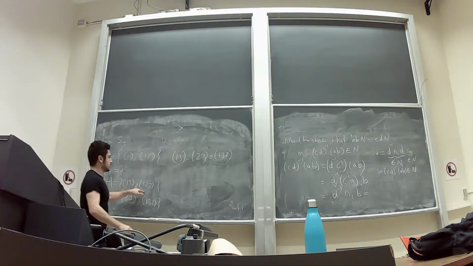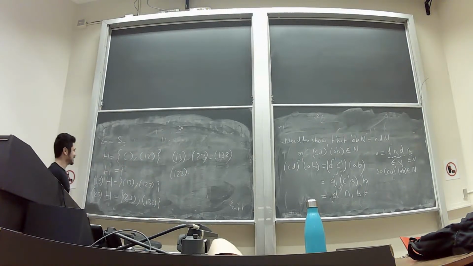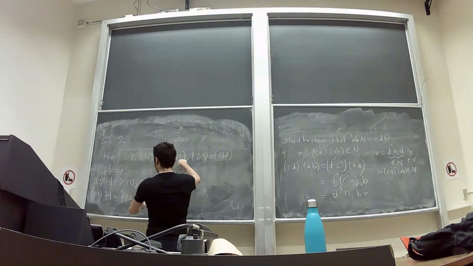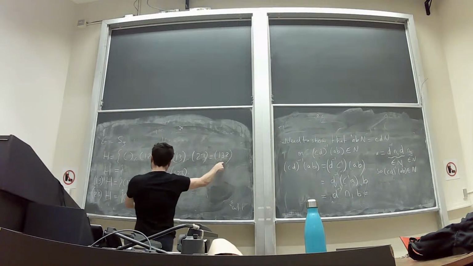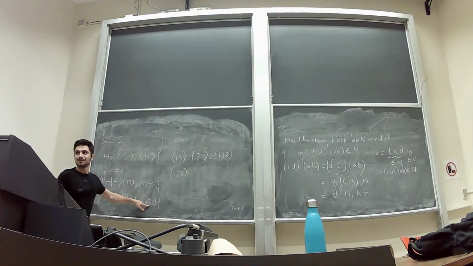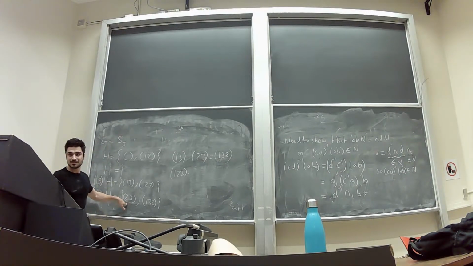Now take (1 2 3). So (1 3) times (2 3) will give you (1 3 2). So this coset times this coset will give you this coset, if this were to work.